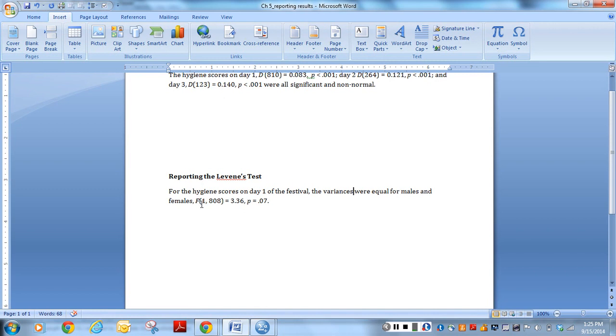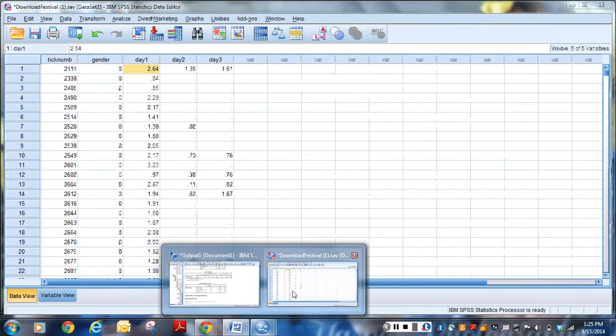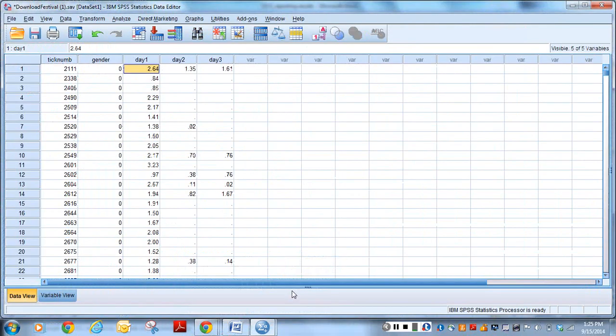I would put my 2 degrees of freedom, 1 and 808. This is my Levene's test statistic of 3.36 with a p-value of 0.07. So this is how we would write our findings.